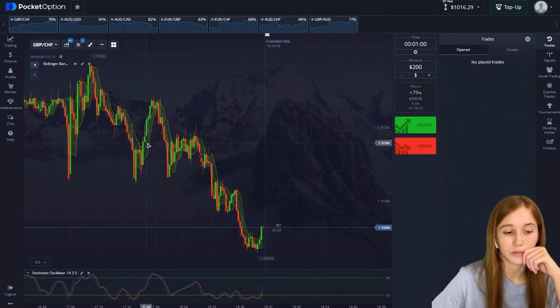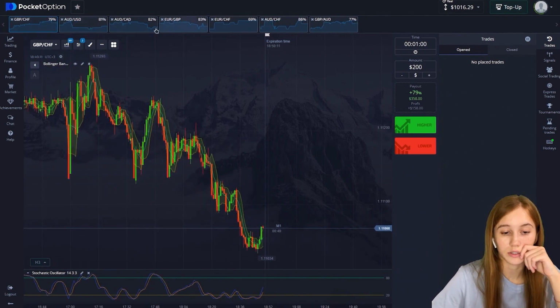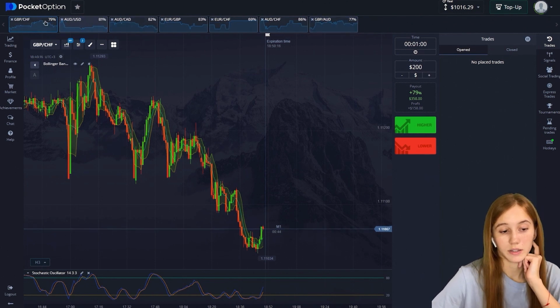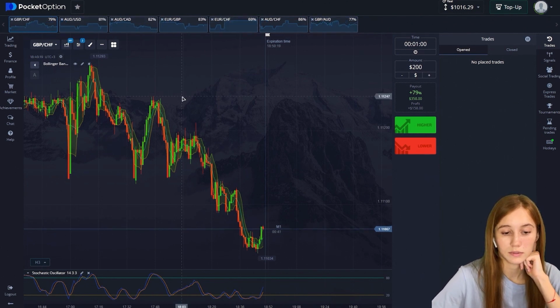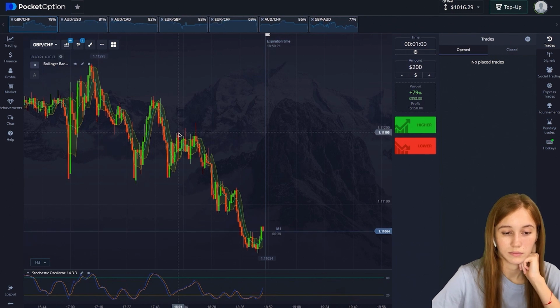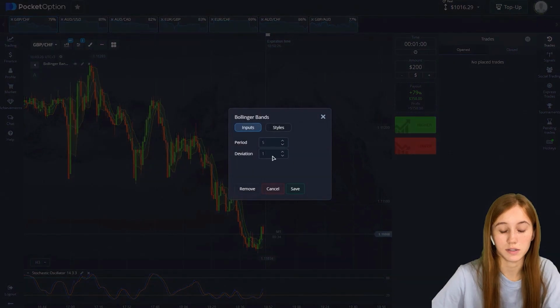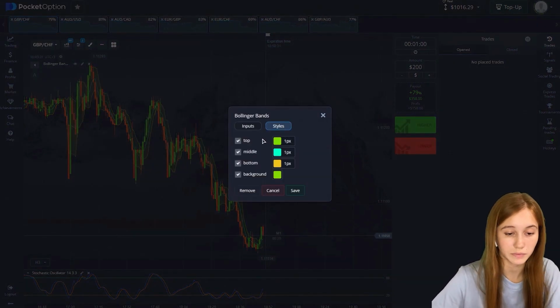This is the time with which the candle is shown on the chart and changes accordingly. Currency price, you can see it in the upper corner.